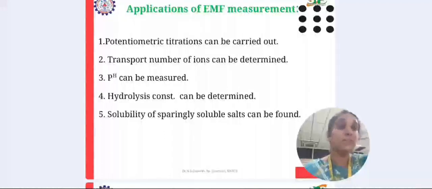But in the case of a sparingly soluble salt, we cannot easily determine the solubility. For this, EMF measurement is very beneficial: the solubility of sparingly soluble salts like silver nitrate can be found using EMF measurement. This is the main application of EMF measurement.